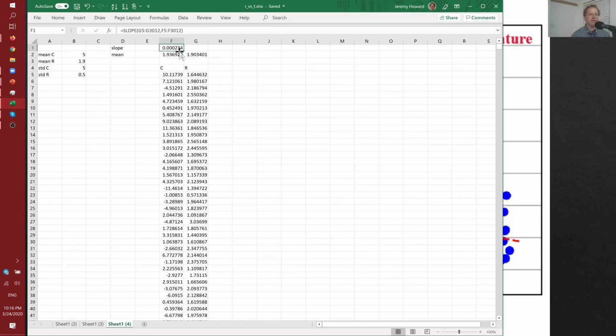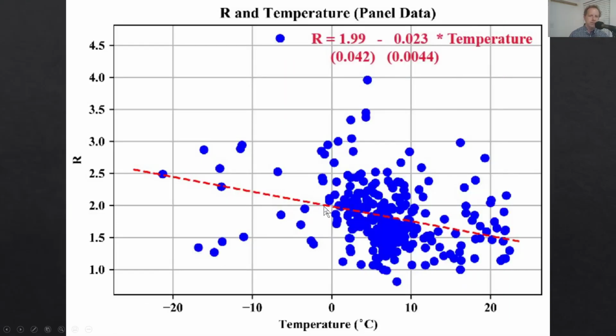It's almost exactly 0, which is what we'd expect when there's actually no relationship between C and R. In this case there isn't, they're all random. If we look at lots and lots of randomly generated cities, we can say there's no slope. But when you only look at 100, as we did here, you're going to see relationships totally coincidentally very, very often. So that's something that we need to be able to measure.